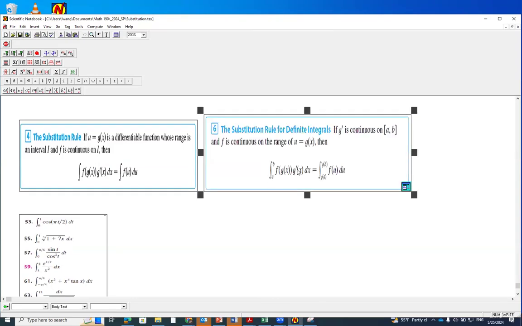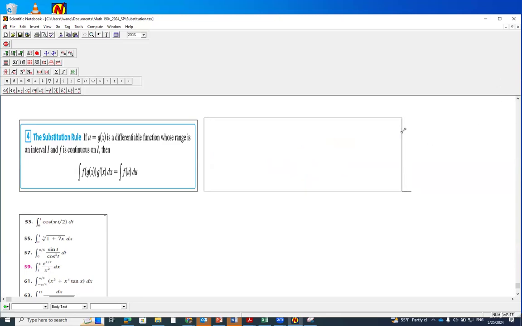All of x needs to be changed to all in terms of u. dx changed to du, and dx and du have a relationship. And the next part is the change of interval. So three changes take place in one step.